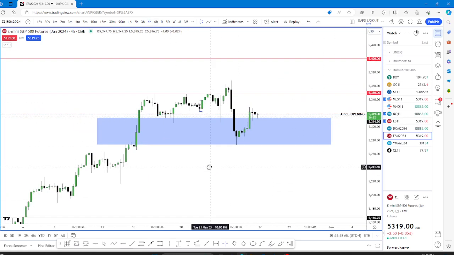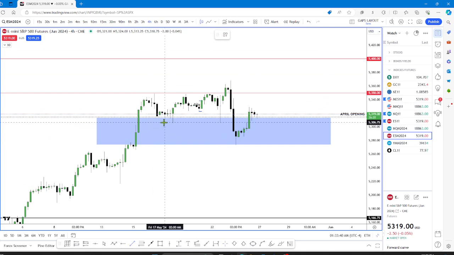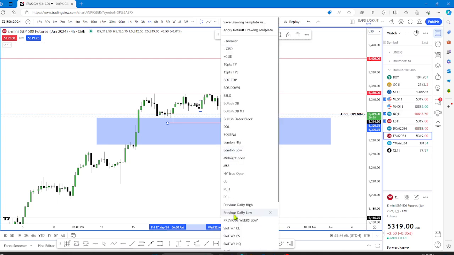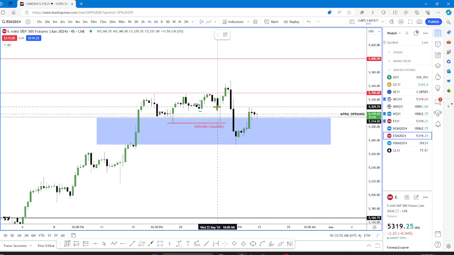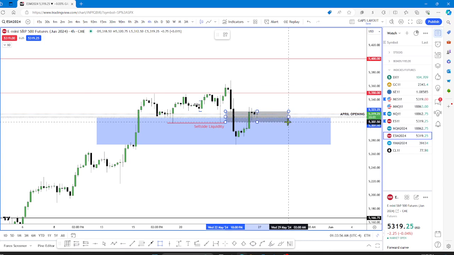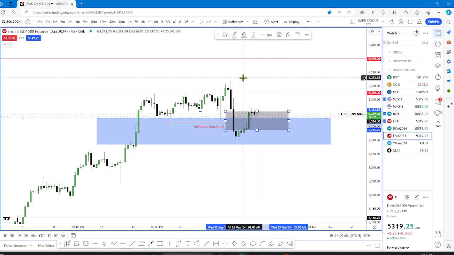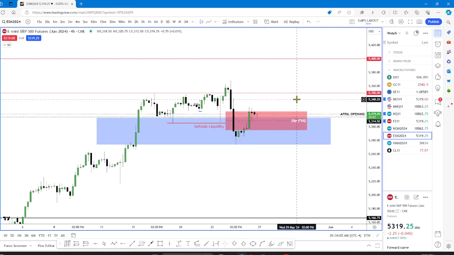But again, we took some sell side liquidity in here, internal range liquidity, right? So we'll see how we react now. High, low, higher high, using the candle body closures. We have this breaker here, but now we have this SIBI, 1 hour fair value gap.